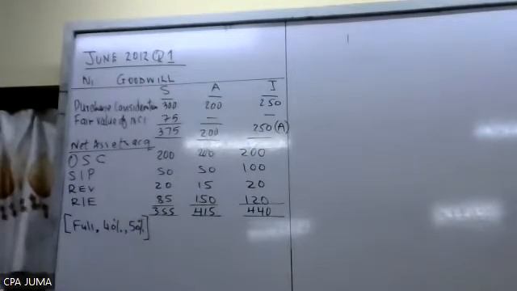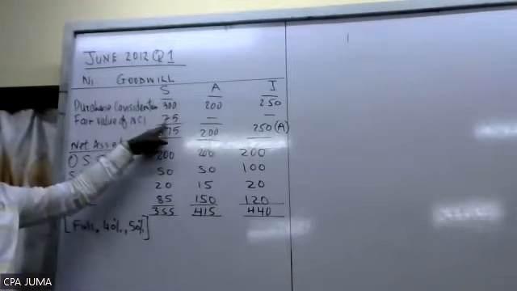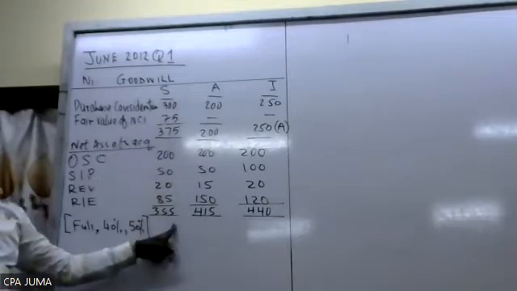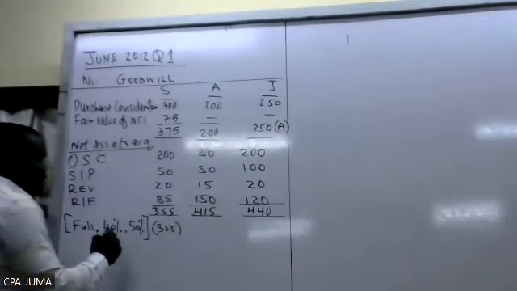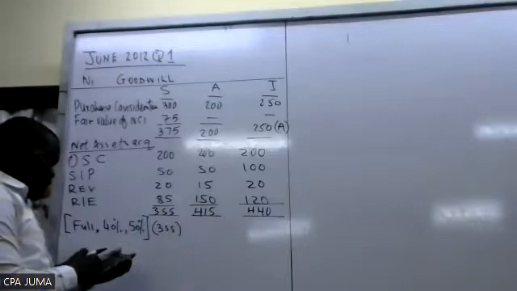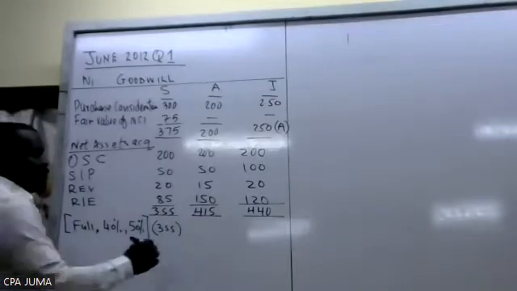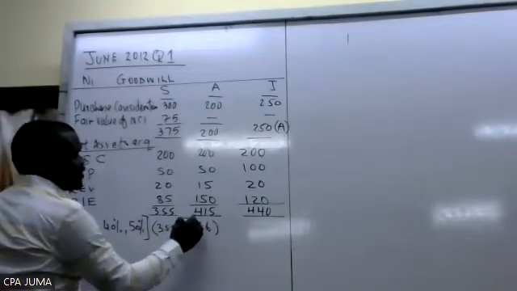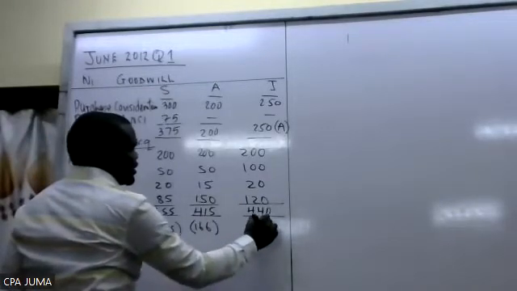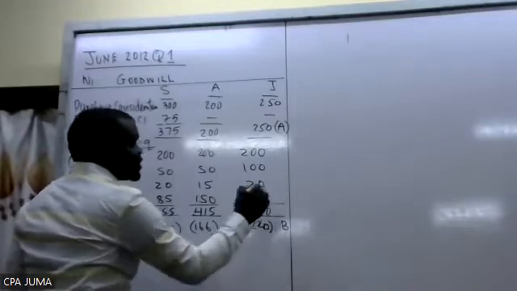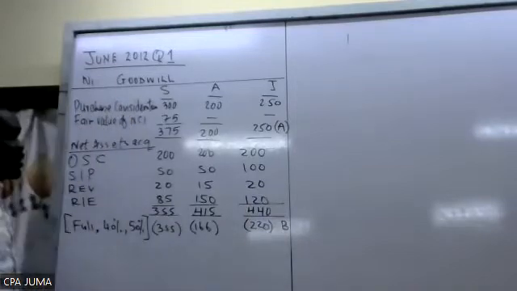I'm taking full because minority has been added, so you don't apportion the net assets. So this is 355. 40% of 415 is 166. 50% of 440 is 220. Then those brackets, you call them B.